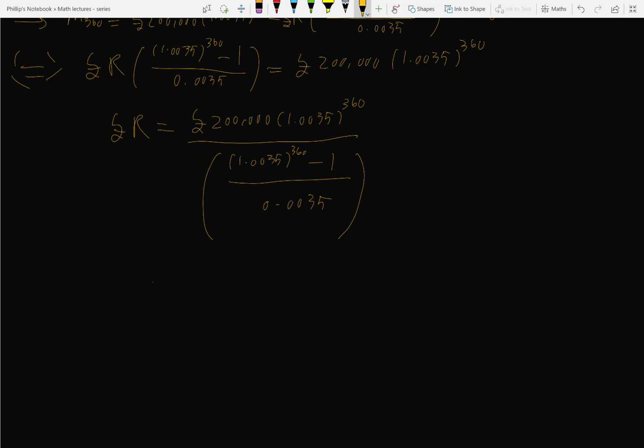But then when we're dividing by a fraction, we can flip the fraction. So simply put, we're going to have £200,000 times 1.0035 to the 360 times 0.0035 divided by 1.0035 to the 360 minus 1. That's what our capital R is equal to.